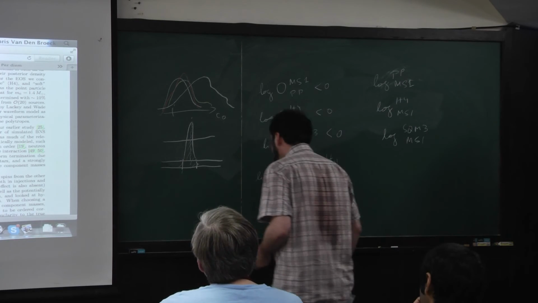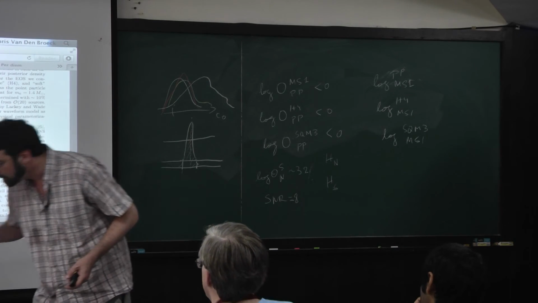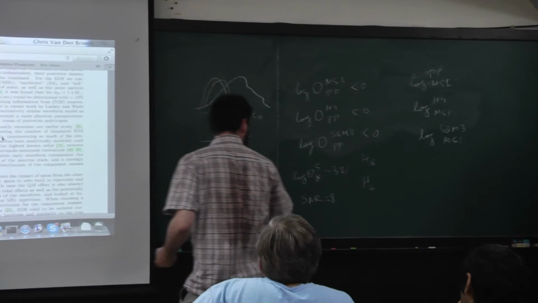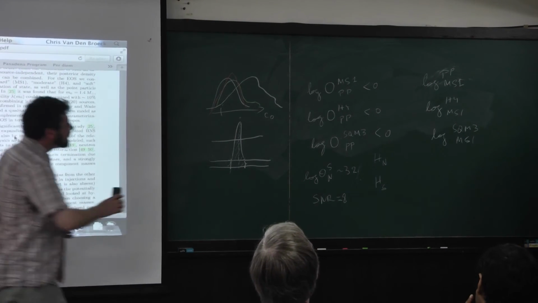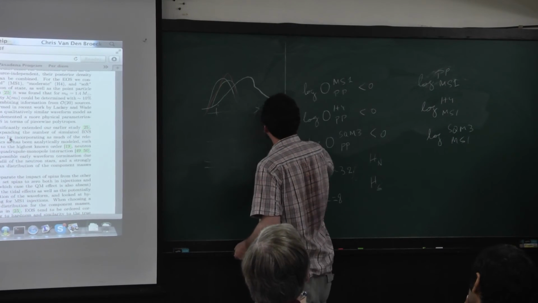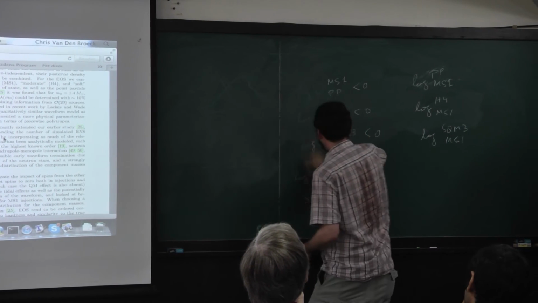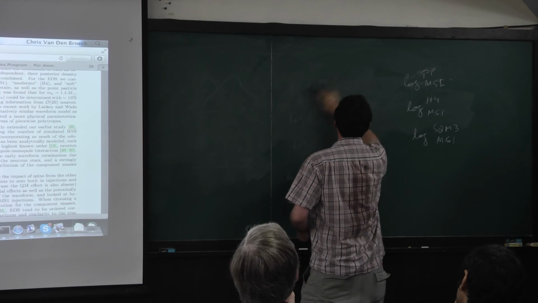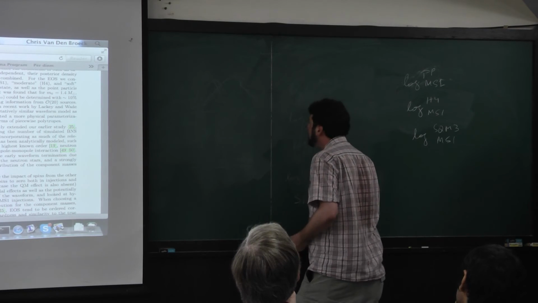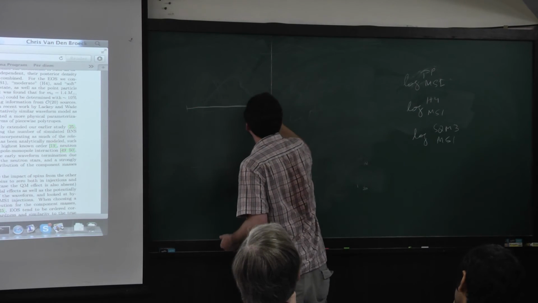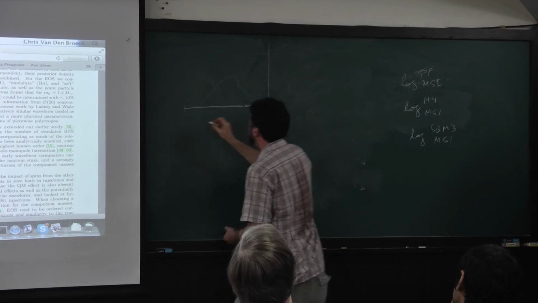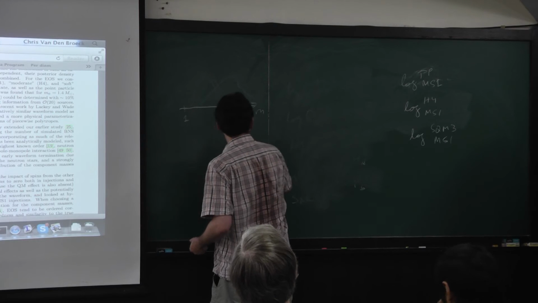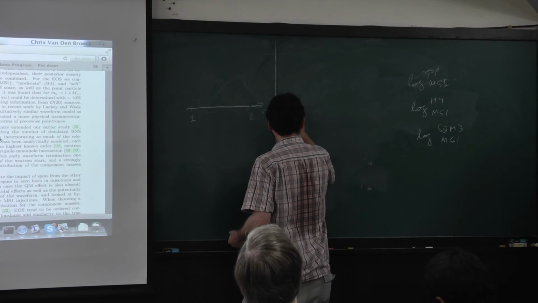So the reason is that, let me draw the distributions of the masses for the signals and then the prior. So for each component mass, let me say that this is one solar mass and two solar masses.